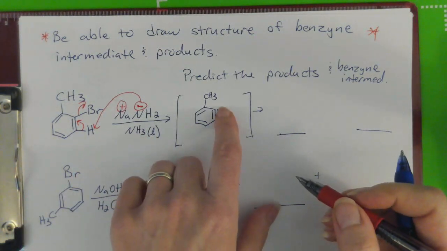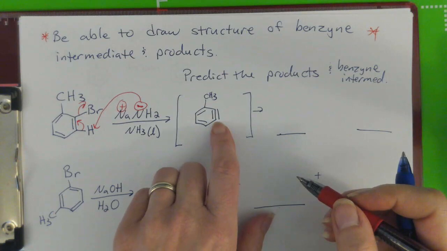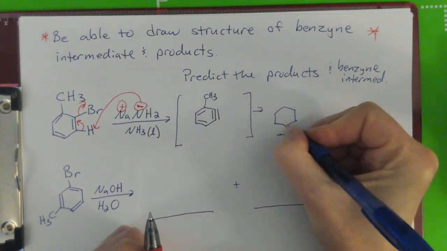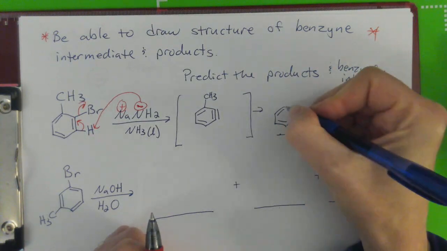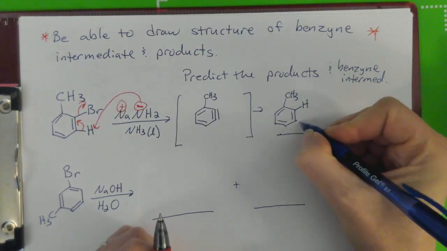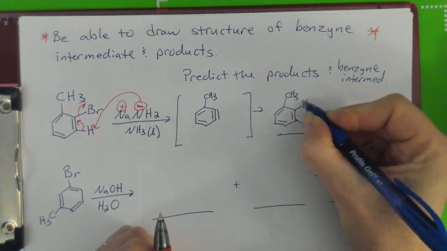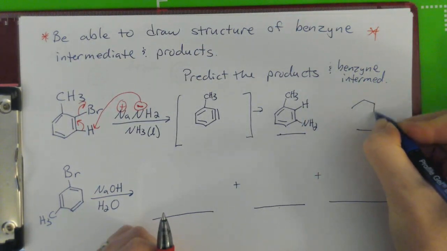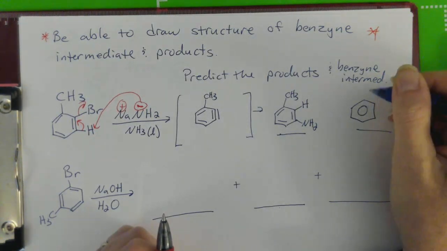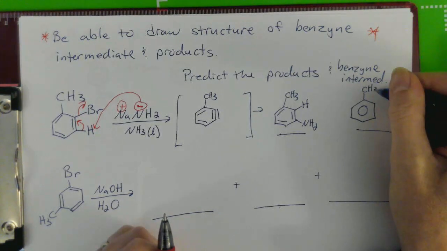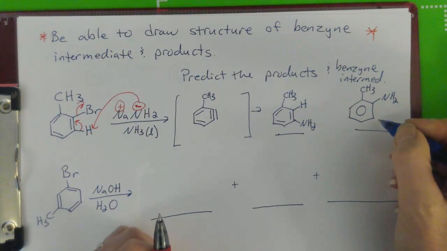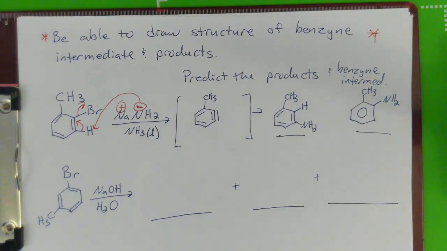So I can add an H here and an NH2 here. And then I can also do it the other way around. So if I add my H here, my NH2 here, and if you don't want to write this hydrogen, that's fine. And then I can also get, if you want to be lazy like me, just put a circle in there. I can also get this.